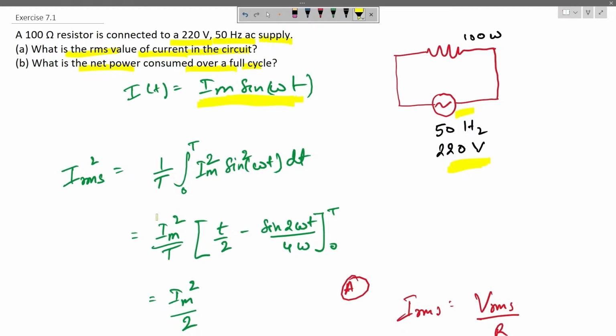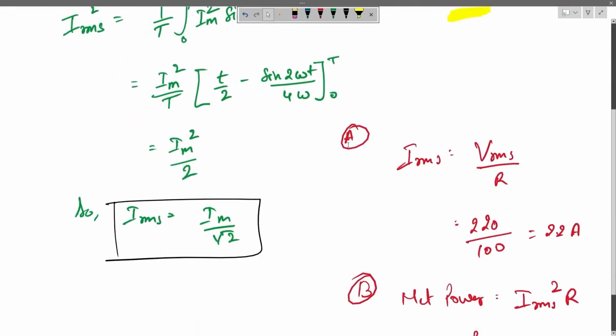If we evaluate this definite integral, we will find that I RMS squared would be equal to Im squared by 2, or I RMS is equal to peak current by root 2.